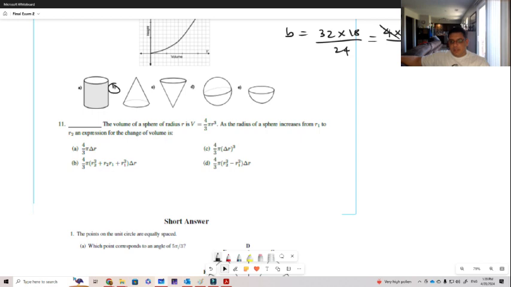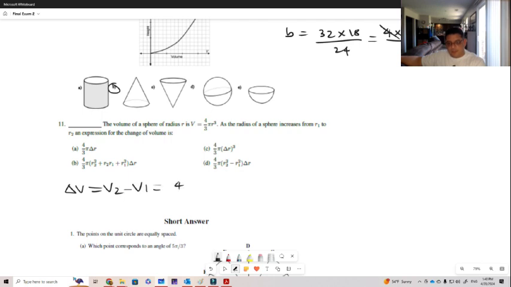Now for question 11, we have that the volume of a sphere is 4/3 pi r cubed, and we have that the radius of the sphere is r1 and it's increasing to r2. We want to check for the change in the expression of the volume. This is simply the delta, and you're checking for the difference between V2 and V1.